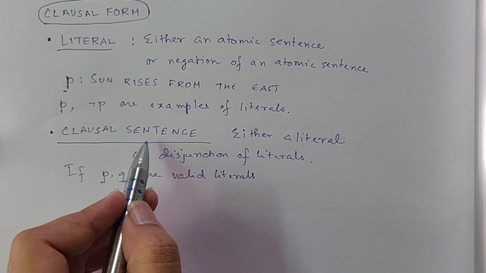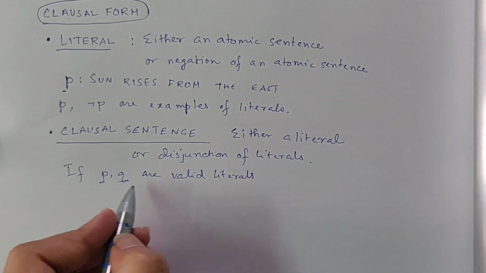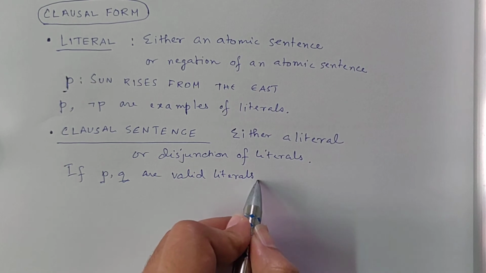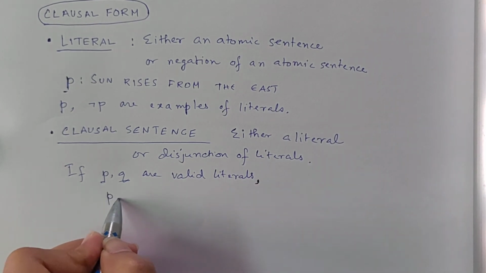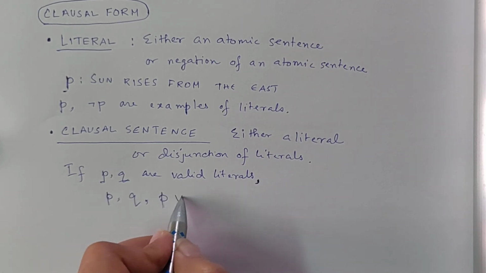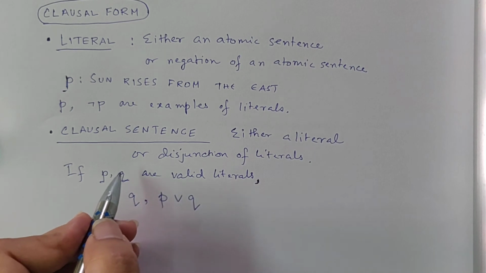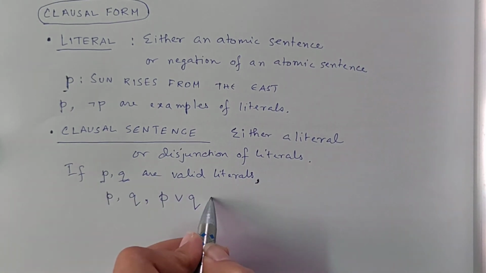So a clausal sentence can be either the literal itself or the disjunction of the literals. So if P and Q are valid literals, then P, Q, P disjunction Q. If Q is a valid literal, then not Q is also a valid literal.